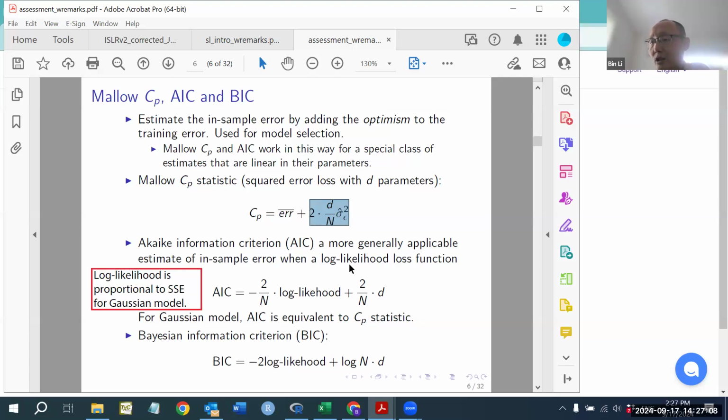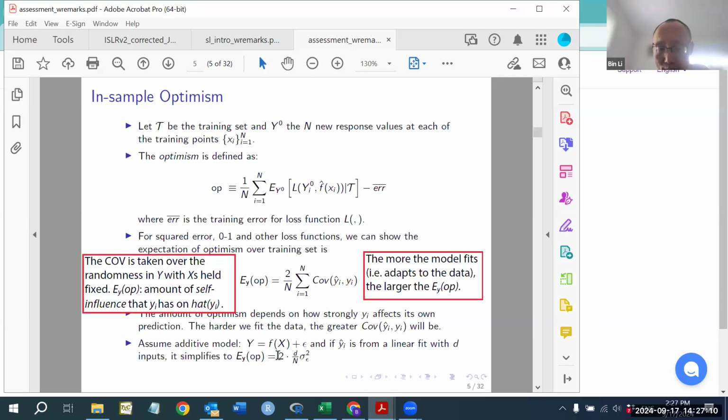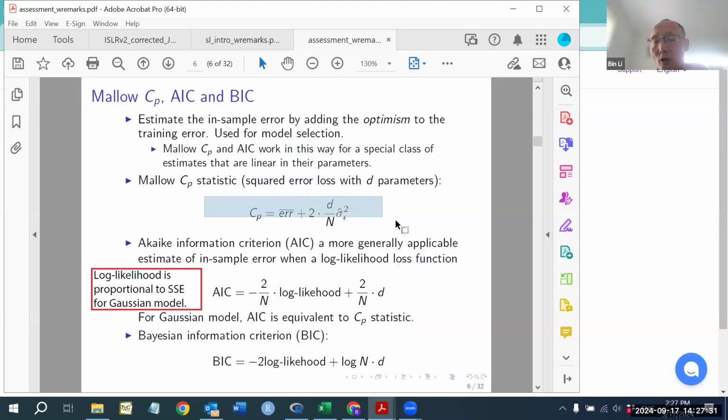Where does that term come from? It is the expected value of the in-sample optimism. And why do we need to add the training error? Because we moved that part to the left-hand side. That becomes the estimate for the in-sample error. So that is the underlying story of why we have this Mallows statistic, because it is used to estimate the in-sample error.